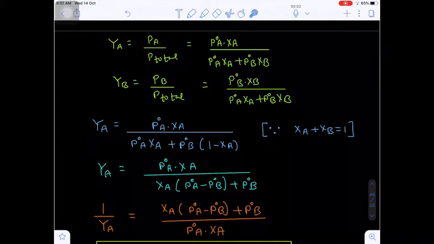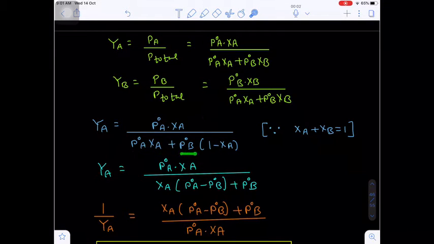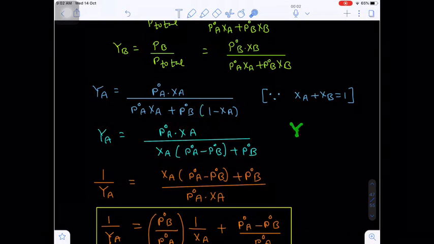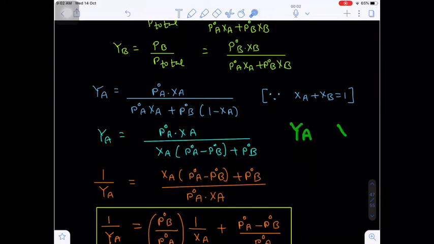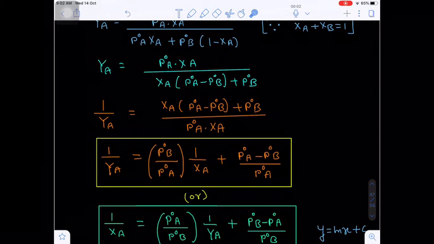Take Ya, the mole fraction in the vapor phase, that is equal to Pa by P total, P naught A Xa by P total. Now what I am doing, instead of Xb, I write 1 minus Xa, because I am comparing the mole fraction of component A in vapor phase and mole fraction of the component in the solution phase.